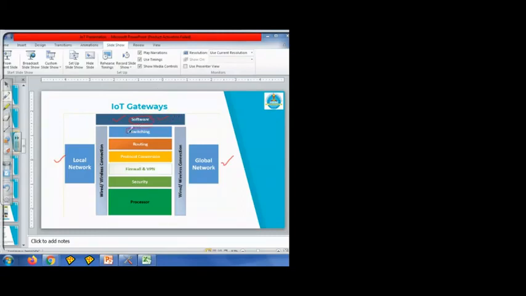After that, it will have a switching kind of technology. Switching. Now see, if you have seen a Wi-Fi router, a router also acts as a kind of network switch, because there are LAN ports available, RJ45, isn't it? You might have seen at the backside, four ports are there, RJ45 ports, and one internet port.